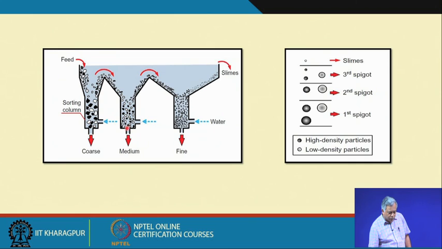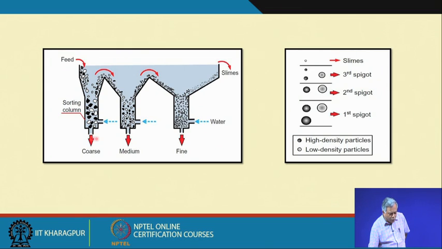Those particles will settle, but the below 30 micrometer particles have a much lower settling velocity than 2.5 millimeter per second, so they will be transported to the next one. The relatively coarser particles are separated out through an opening here, then the medium sized particles and the fine sized particles.